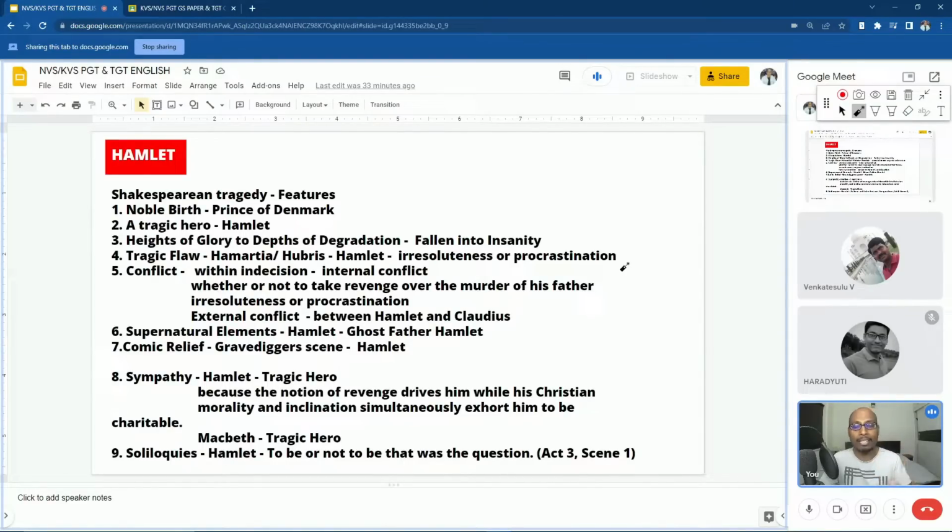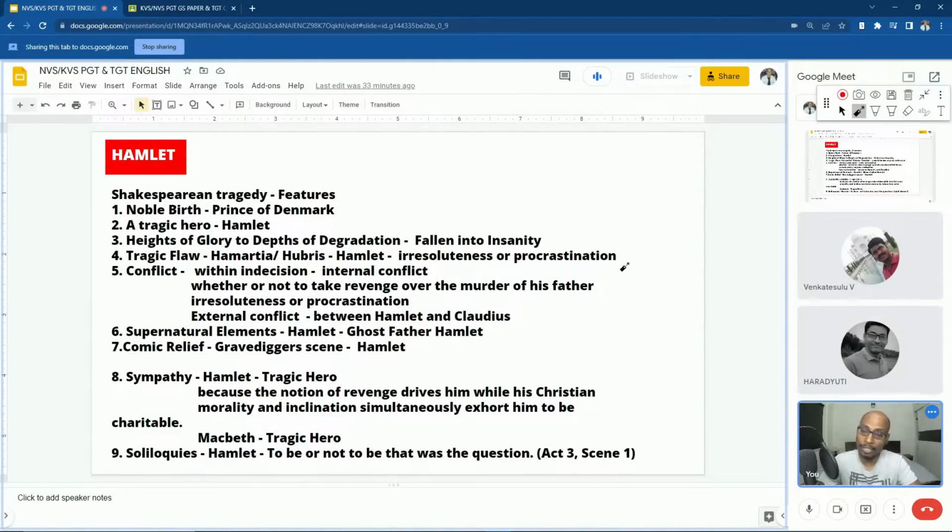So all these things are the characteristic flaws or tragic flaws which made Hamlet a tragic hero. Irresoluteness means lack of decision making. Procrastination is postponement of things. Understood, Venkatesh sir? Yes, sir, understood. What about Ghoshji? Sir, I can understand.